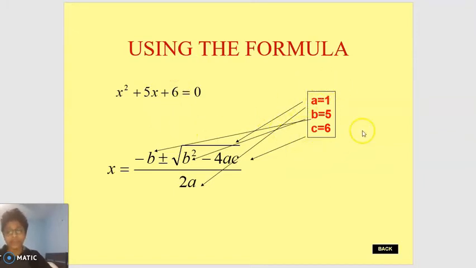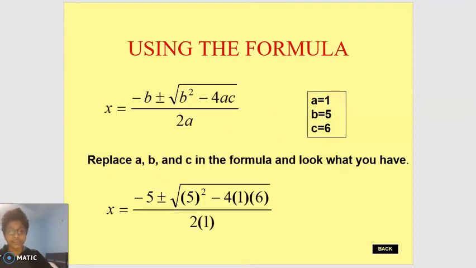Here we have the values, and we substitute them into the quadratic formula. Here we have the quadratic formula without the values substituted in, and here we have it once the values have been substituted in.